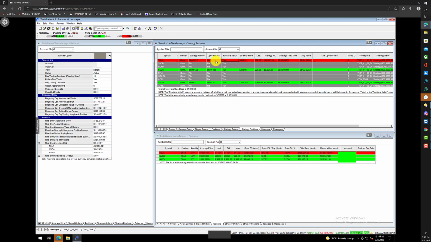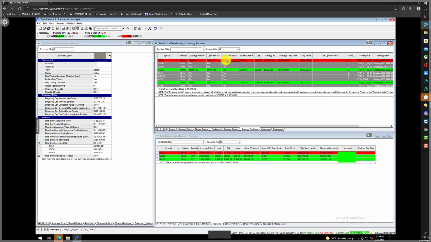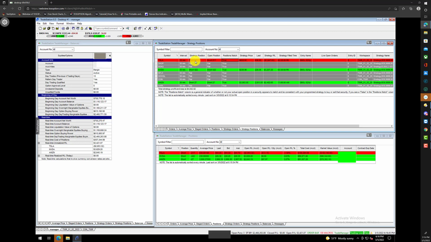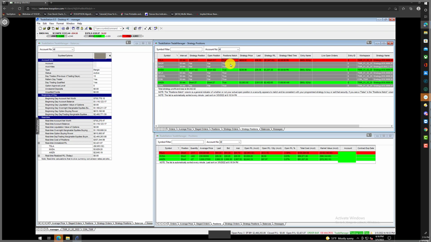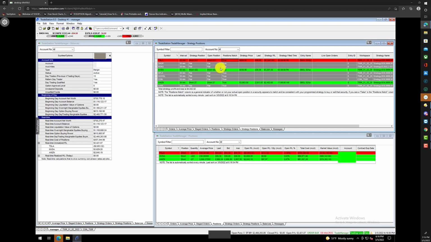If your open position was flat and your strategy position was showing short 217, then obviously it's going to show false. And if they're both flat, then it would show true because they match. And that's pretty much it.